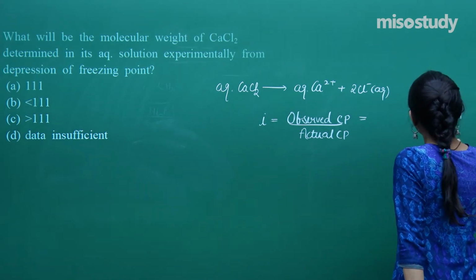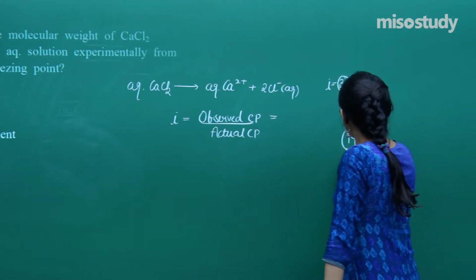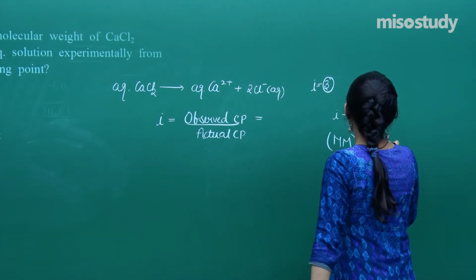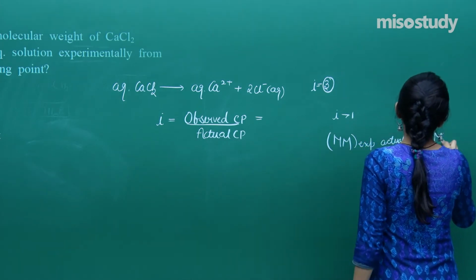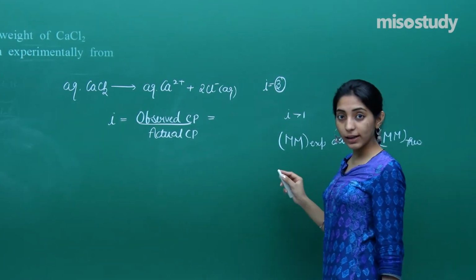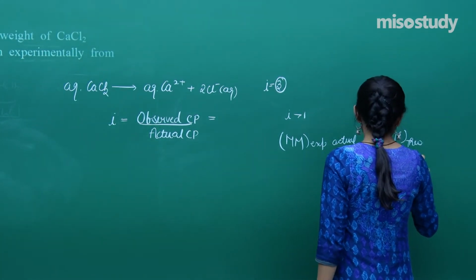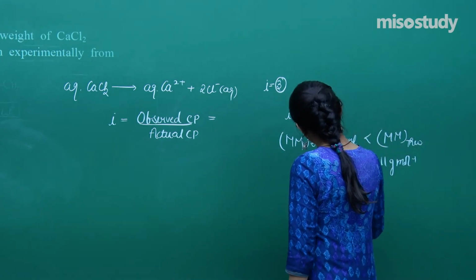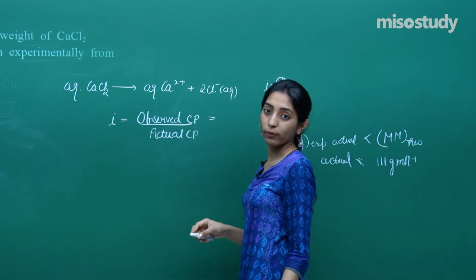Then the experimental molar mass that you will be getting will be lesser than the theoretical molar mass. The theoretical molar mass is 111 grams per mole, so the actual molar mass will be lesser than 111.